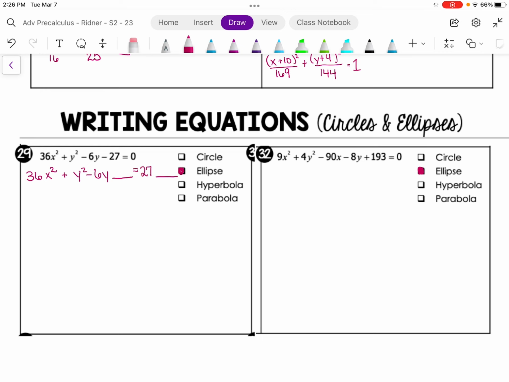And that's going to equal 27, and then add to that whatever we added for our answer here. So just like before, it's going to be b, which is -6. So we're going to add b over 2 squared to both sides.